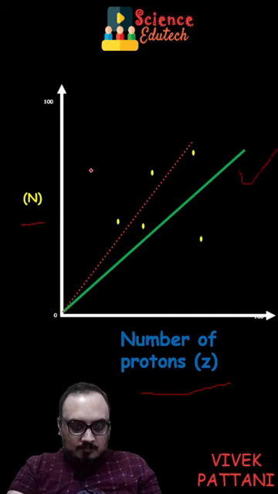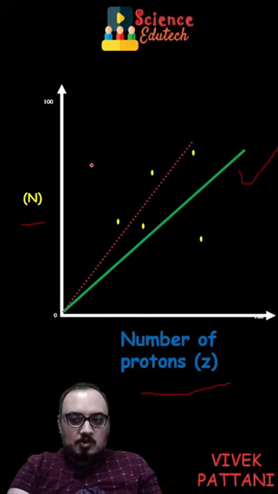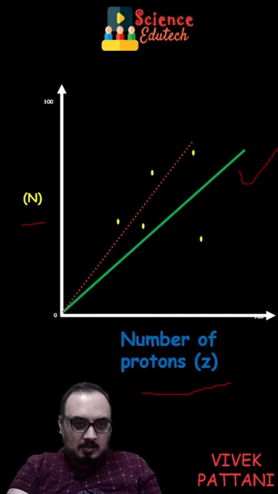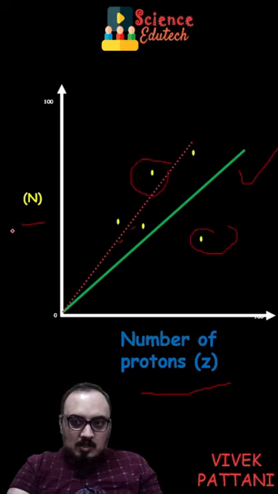The red dots represent isotopes, a red dotted line indicates the isotopes which are stable, whereas the yellow ones, for example this one, are basically the unstable ones.